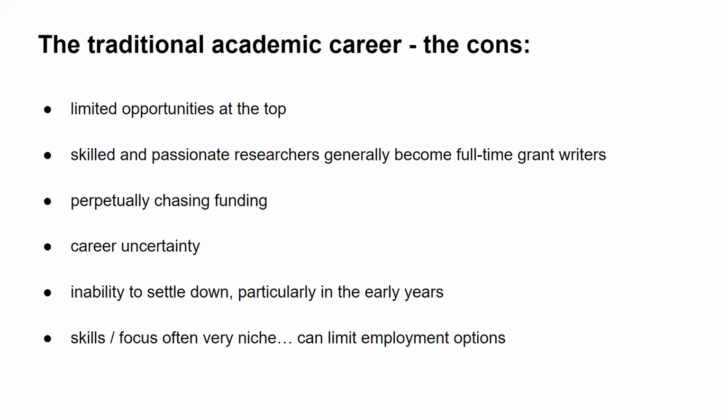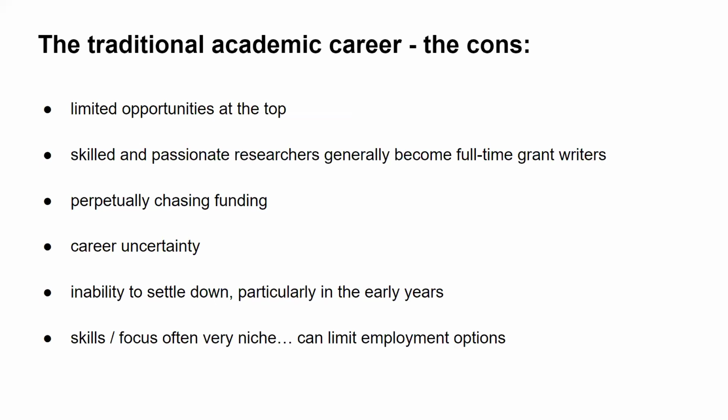And part of that uncertainty, and the multiple short-term contracts that are the norm for postdocs particularly, is that it's very, very difficult to settle down in one geographic location, particularly in the early years. This is more of a problem for people who want to balance their career with a more conventional life.